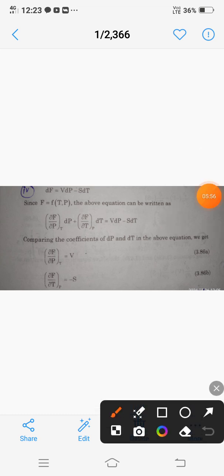This is here, where we said this factor, the differential of the free energy with temperature at constant pressure, becomes equal to the entropy.